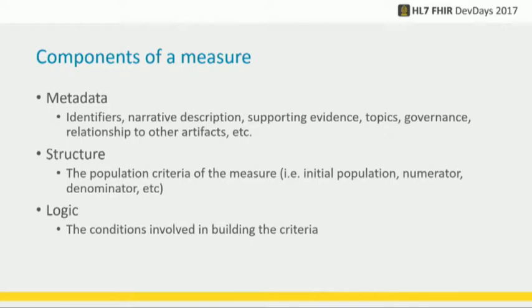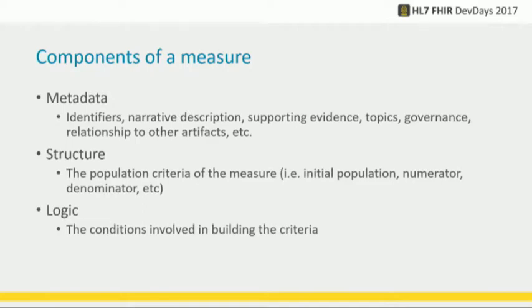So when we're looking at how we describe this and share it, we take components of a measure. We take metadata, that's all the things about it. So it's the identifier, who wrote it, when did they write it, who endorsed it, what's the evidence behind it. All of those types of things are part of the metadata. And those are really important for publishing and governance of the content, but they don't really impact the calculation.